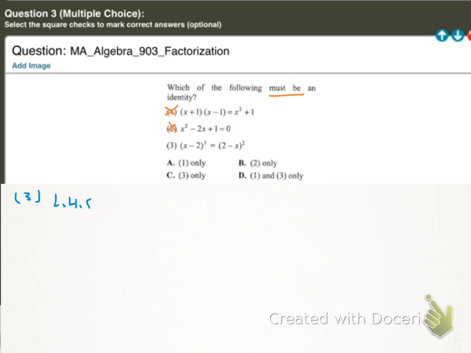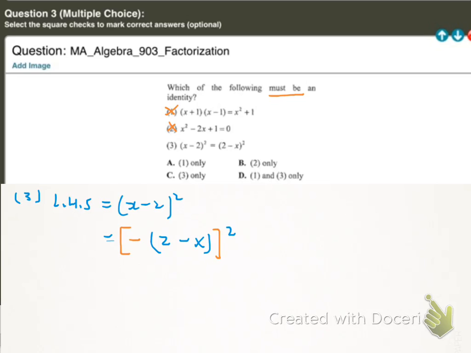So let's try out option 3. On the left hand side, note that here I'm going to use a big bracket to see if I can make the left the same as the right. So to begin with, I have the big bracket and take out the negative sign. And remember, I have a square at the end. So the inside of the bracket in blue now is 2 minus x with negative outside.